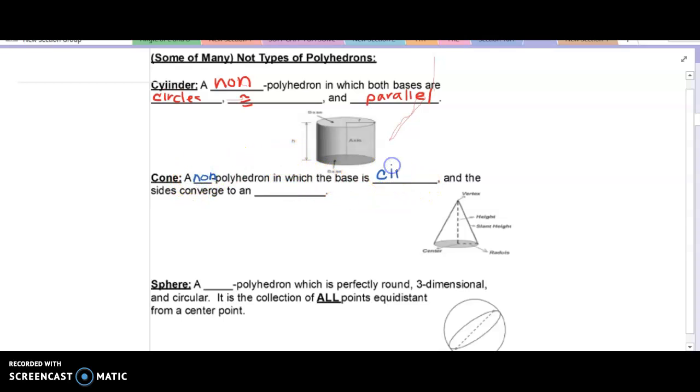The base is a circle, and the sides converge to a vertex or an apex. This is the same thing as a pyramid, except now we have a circular base. A sphere is also a non-polyhedron in which there's a center, and three-dimensionally, every point on this sphere is equidistant from this center.